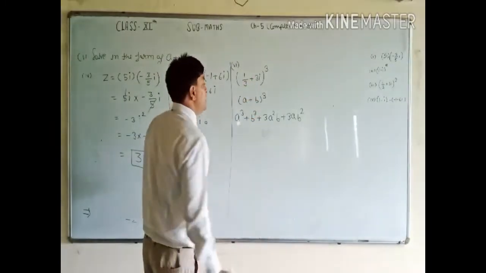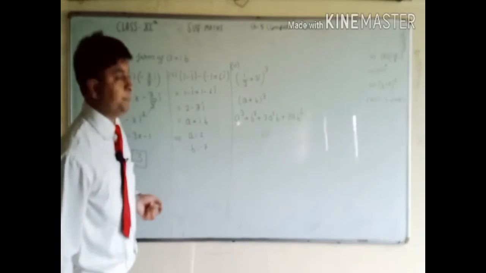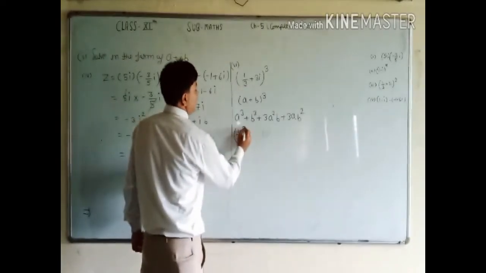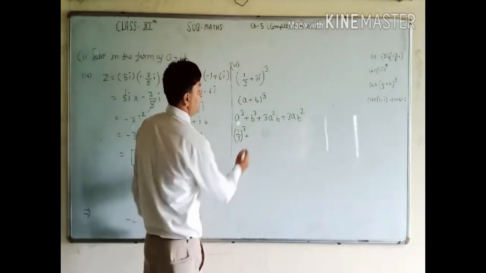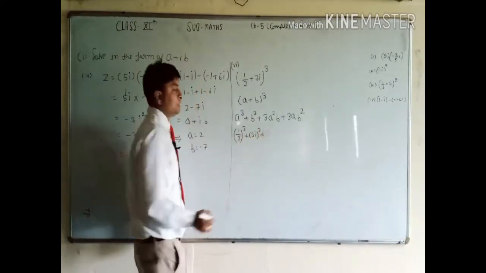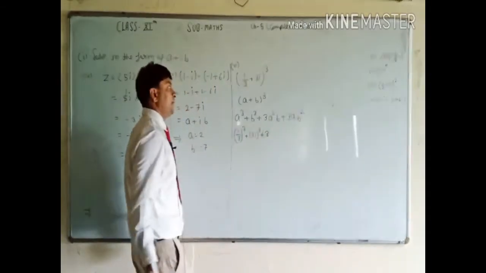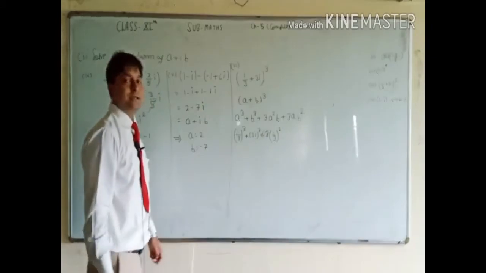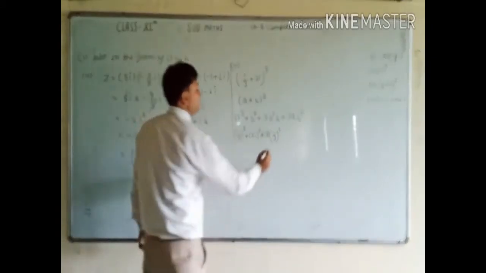When we put the value of a and b, this is 1 upon 3 whole cube, this is b is 3 iota whole cube, plus 3 a square, this is 1 upon 3 whole square, this is b is 3 iota.